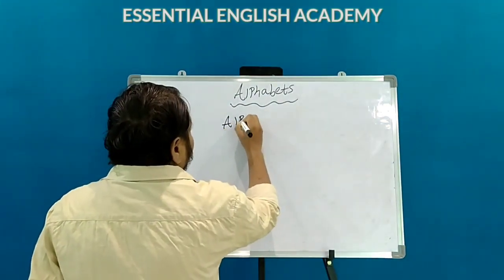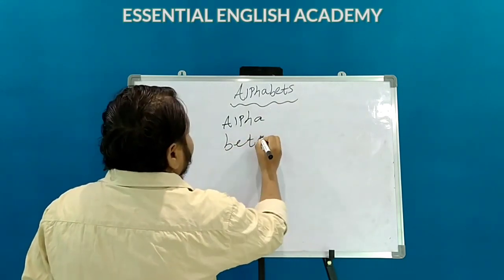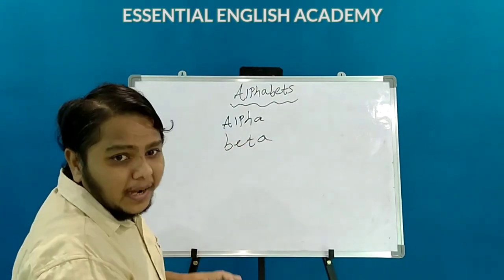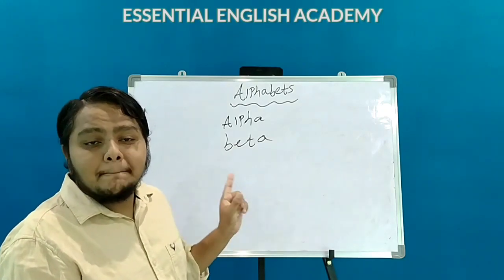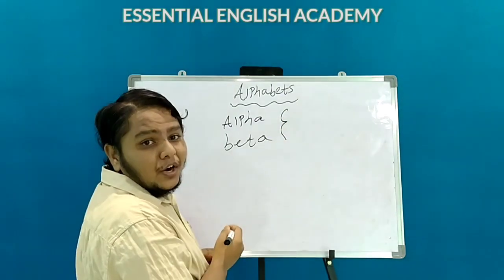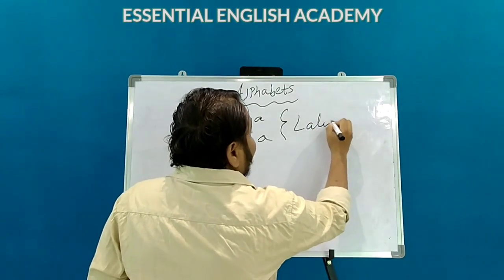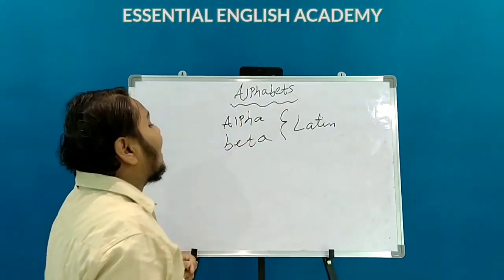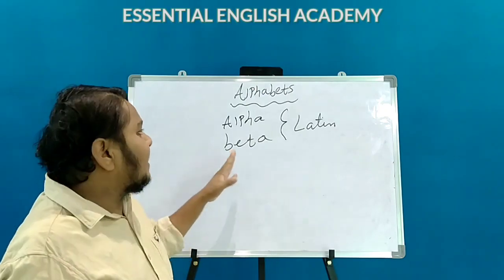The word alphabet has come from two words, alpha and beta. These two words are taken from the Latin language.